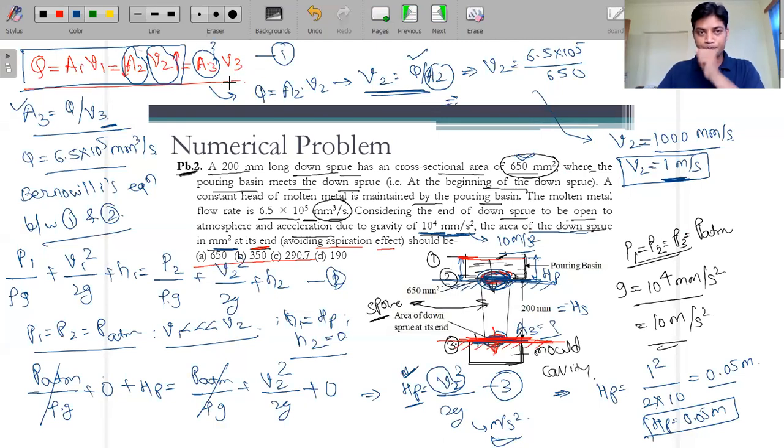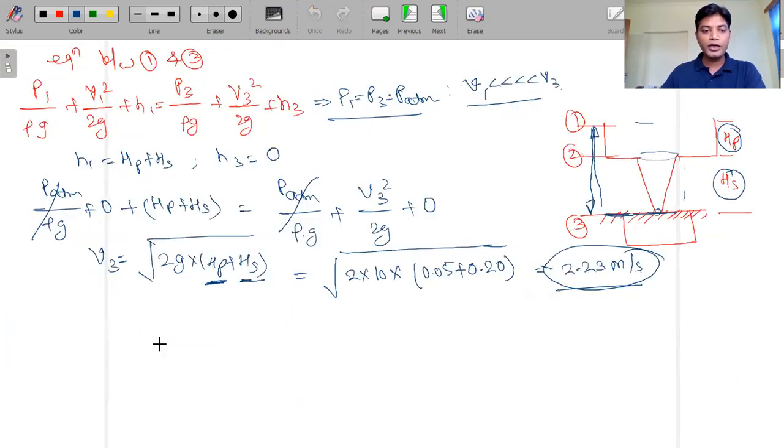Now A3, V3 is calculated. So we have this equation again, this is equation number 1. So Q equals A3 into V3. So A3 will be equal to Q by V3.